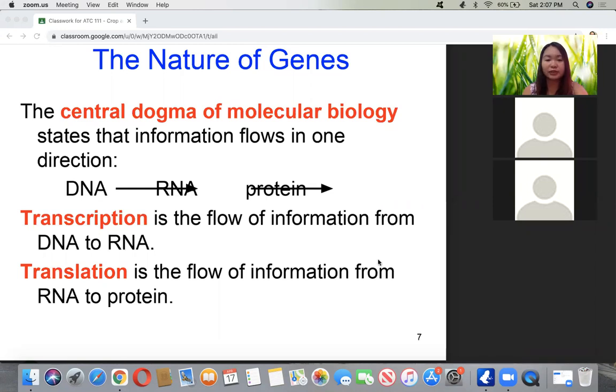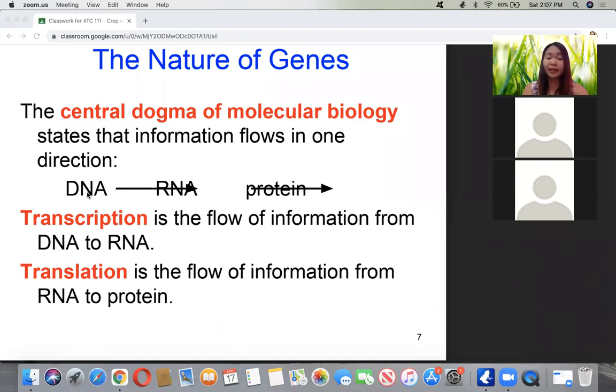Sorry for the arrows. Transcription is the flow of information from DNA to RNA, and translation is the flow of information from RNA to protein.